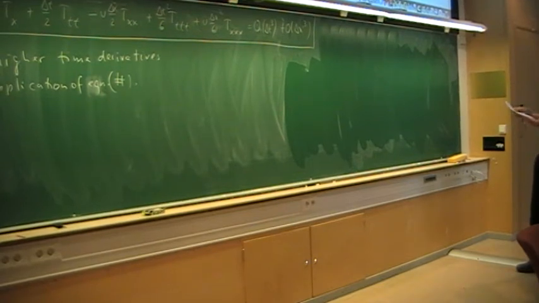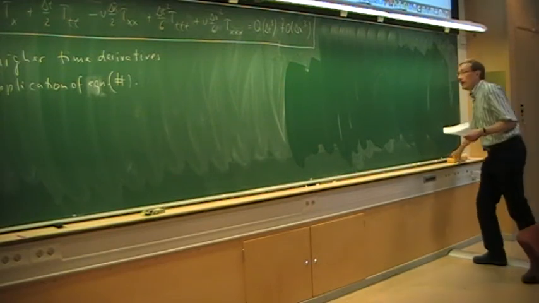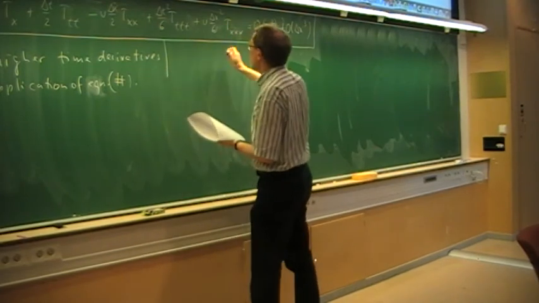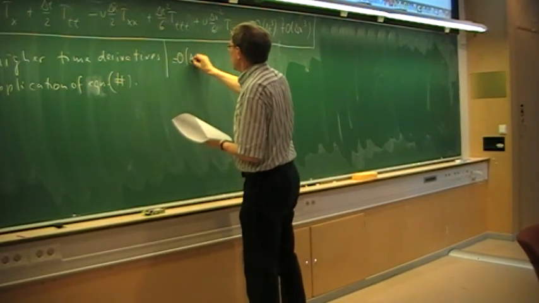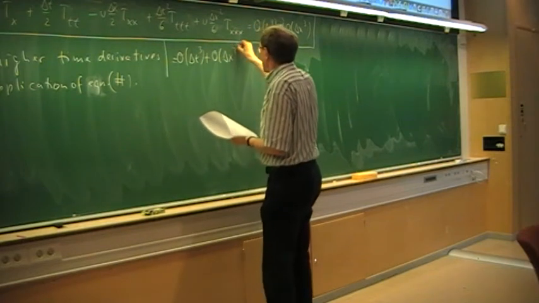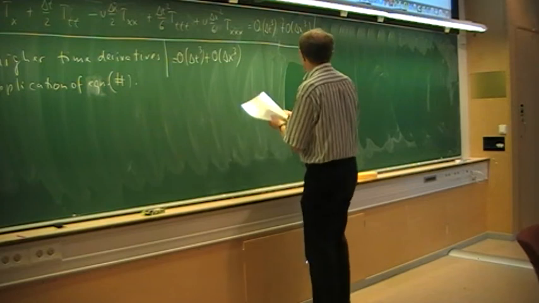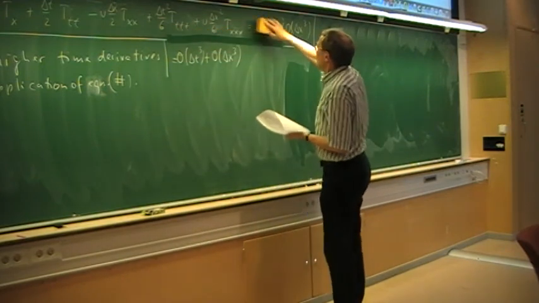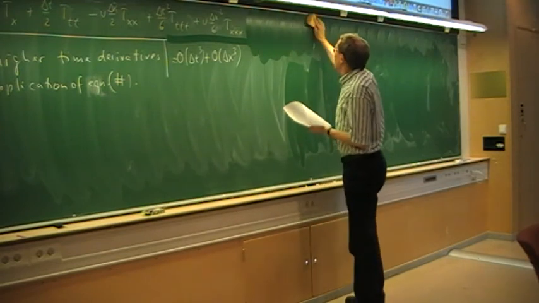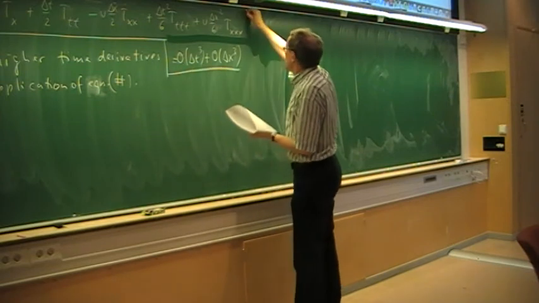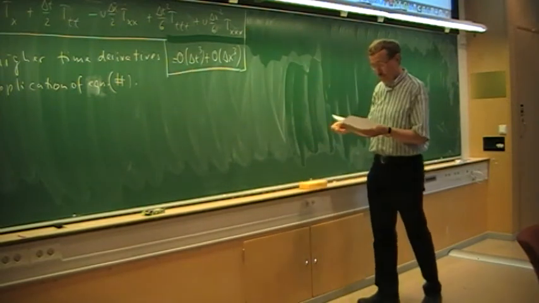To save a little bit of space, I move that down here. Order delta t to the power 3 plus order delta x to the power 3. So then I can write this in this form. I just do it to get some space here.